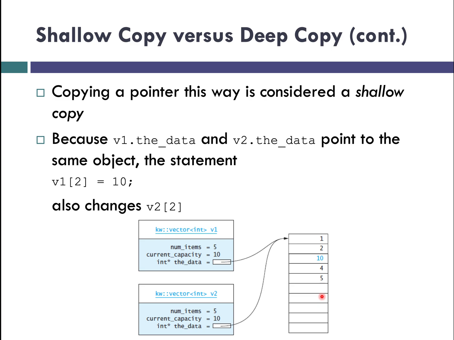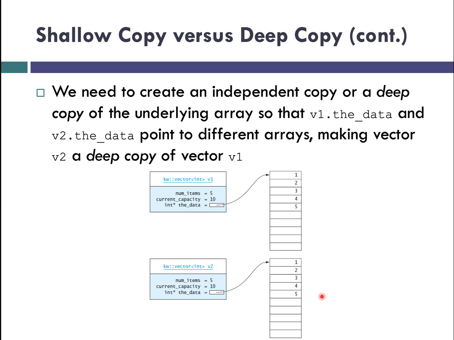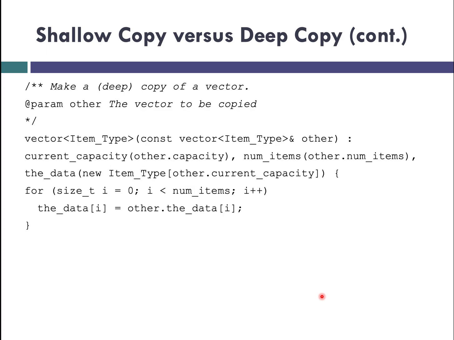If both of them access the same data but don't write to it, then we can just do a shallow copy and point them both to the same data. As soon as we change something, then we want to go ahead and do a deep copy so that we can have two different values at a particular point in our array.